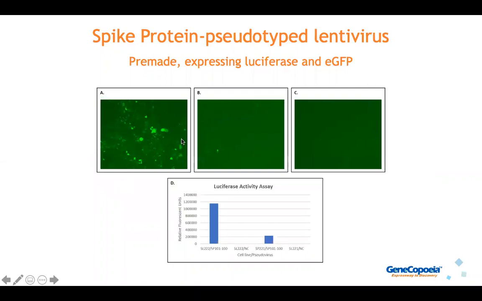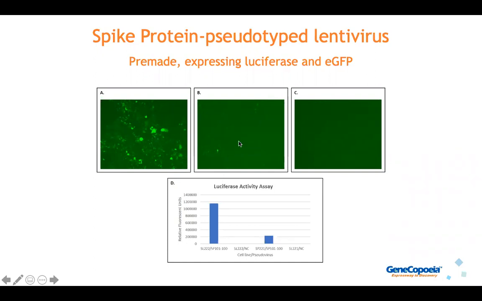We have 3 different cell lines. Panel A is this pseudovirus expressing luciferase and GFP that we use to infect cells that are expressing both ACE2 and TMPRSS2. Panel B is using the same virus to infect cells that express just ACE2.